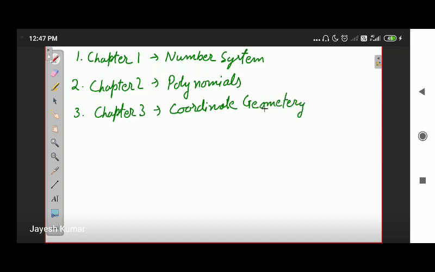We have completed all these 3 chapters, right? After that, fourth will be chapter number 6, that was lines and angles.